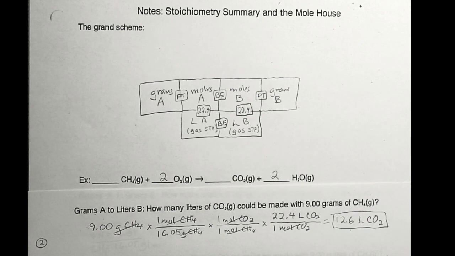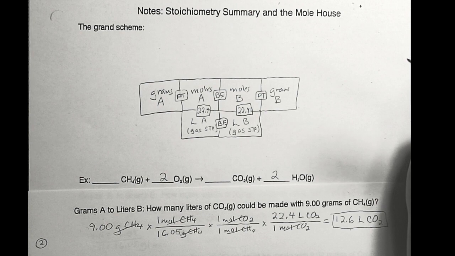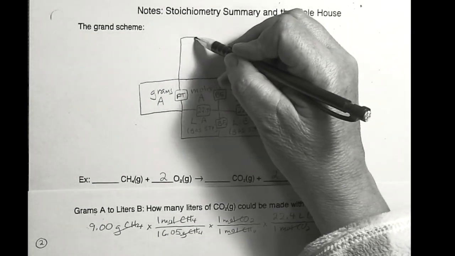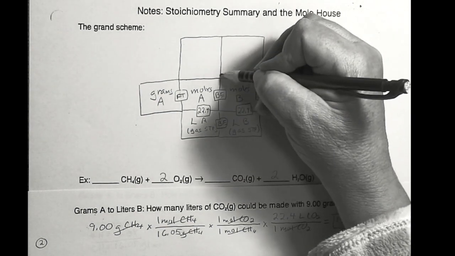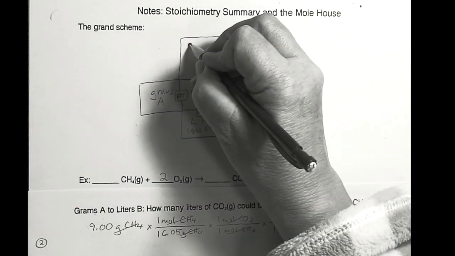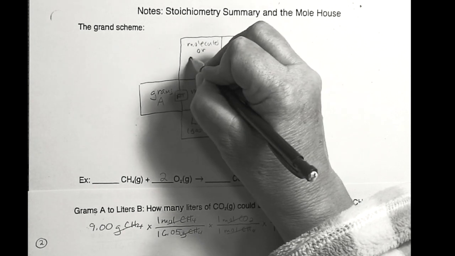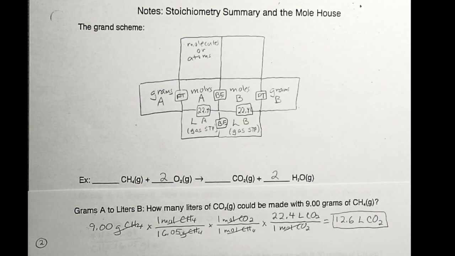All right. There's 2 more rooms we can put on here because we can go from moles to something else, and that's number of molecules. So I'm going to put 2 more rooms up here, one for A, one for B, and we'll call this molecules. And it also works for atoms if you have single atom things like sodium or some metal.